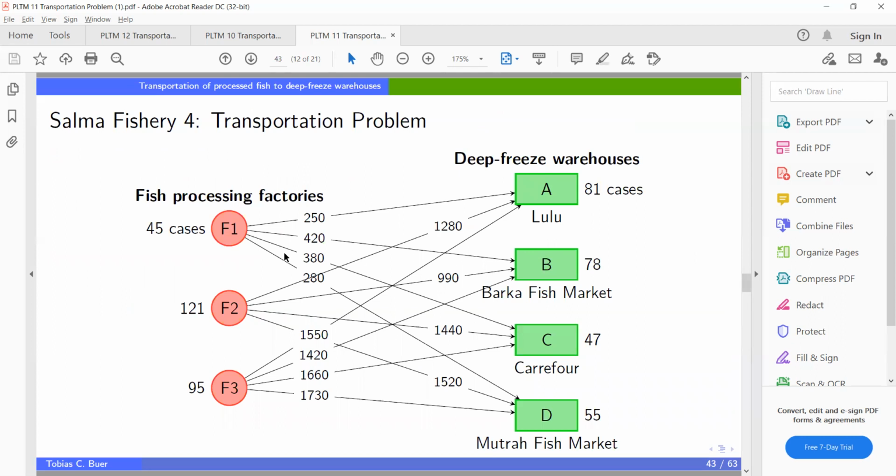You see, from F1 to A, we have transport costs of 250 Baser for 1 case. From F2 to B, we have 420 Baser for 1 case. From F3 to D, we have 1,730 Baser for 1 case.